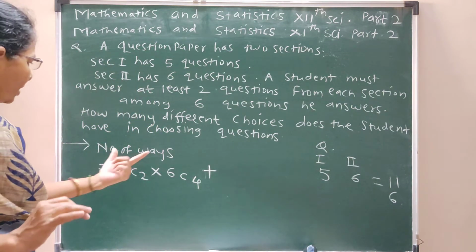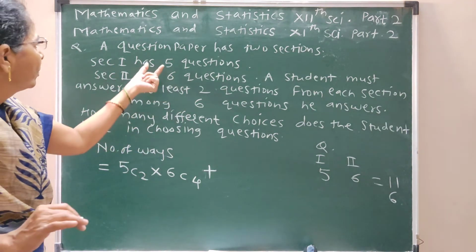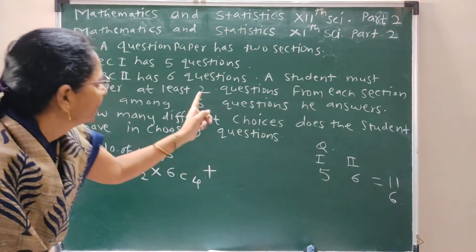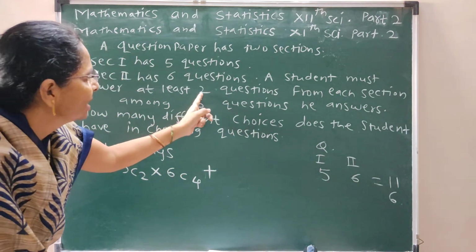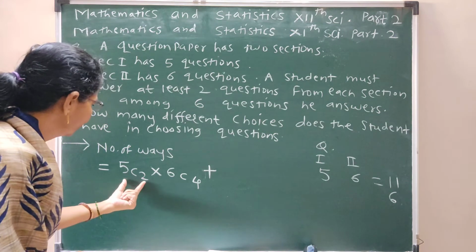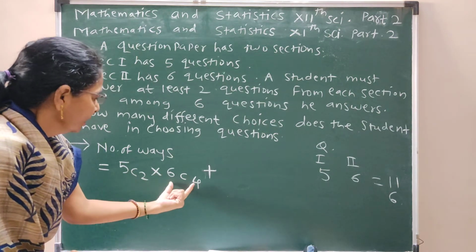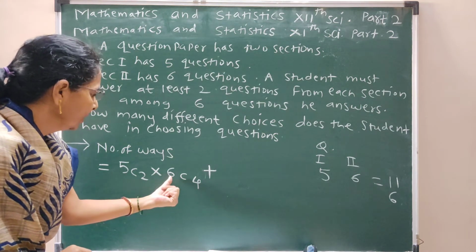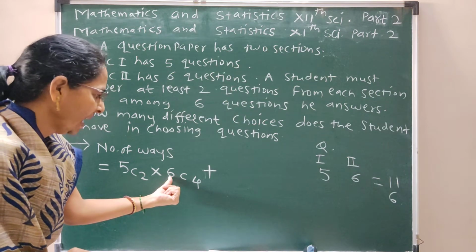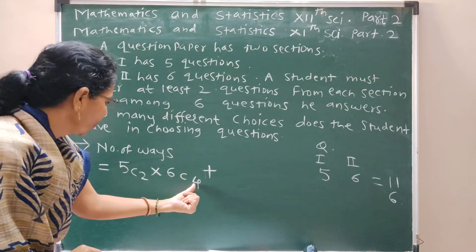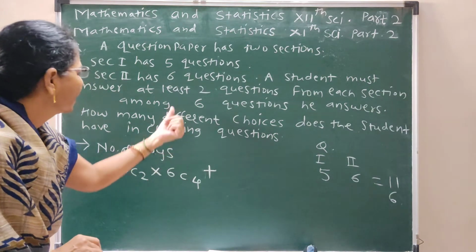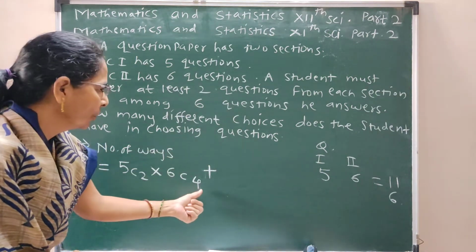See once again, number of ways from the first section: if he takes 2 questions, from the second section he has to take 4 questions. 6C4.